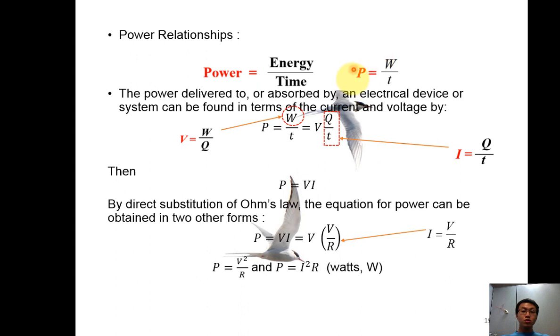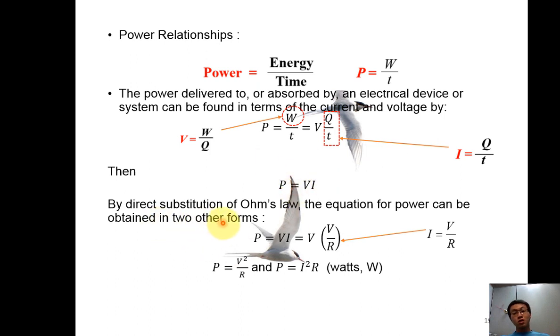First I use P equals W divided by T. From previously, from the slide above, V equals W divided by Q, work divided by charge. So I substitute this into W. I have V times Q divided by T. At the same time, I know that my current equals charge divided by T, so Q divided by T is actually my current. Conclusion: my power equals V times I.